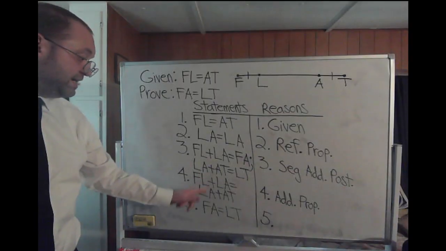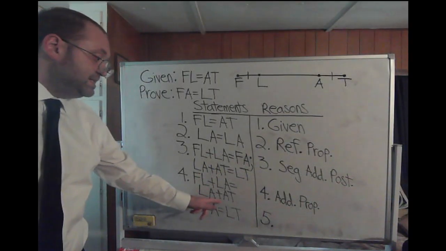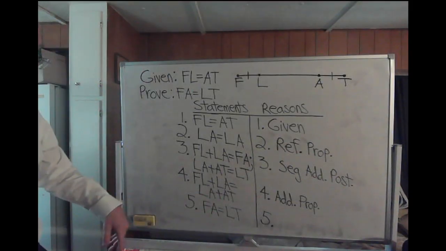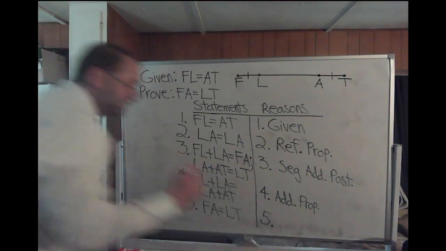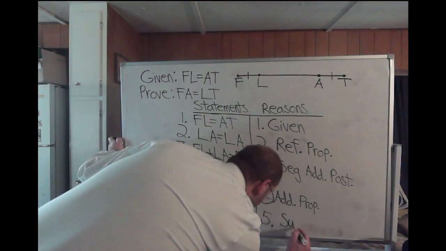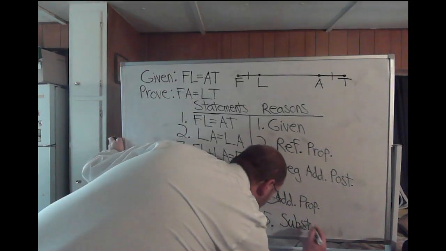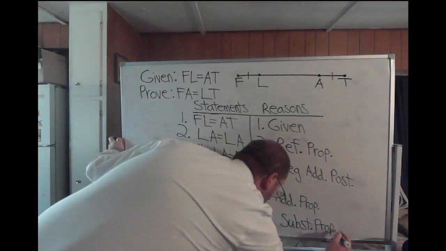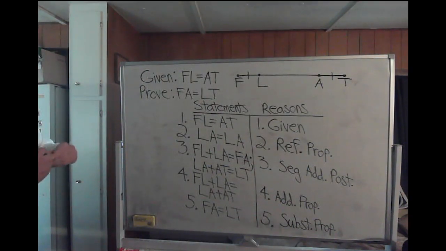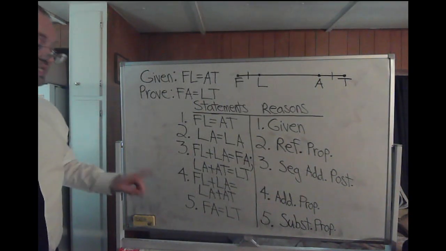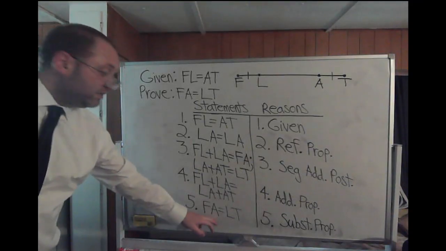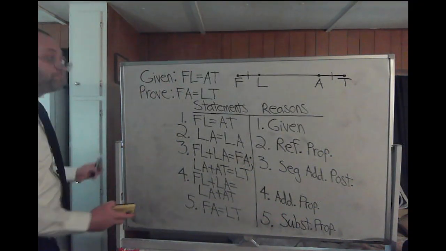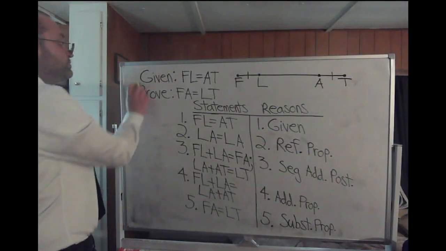If FL plus LA equals LA plus AT, all we have to do is substitute in FA for the first one and LT for the second one. You get FA equals LT. So this would be by the substitution property. So step 5 is true by the substitution property. So we were successfully able to prove that FA equals LT by using the substitution property ultimately. All right.